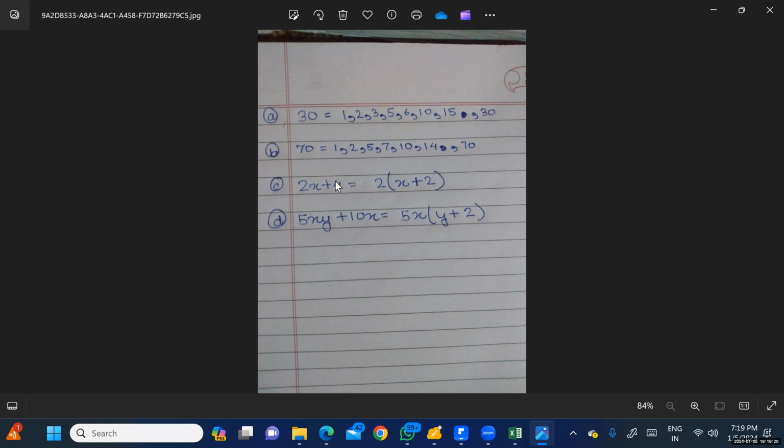Yes, sir. So here also, if I say what are the factors, 1 is 2. For this, what are the factors? If I divide this entire thing by 2, will I be able to divide this by 2?